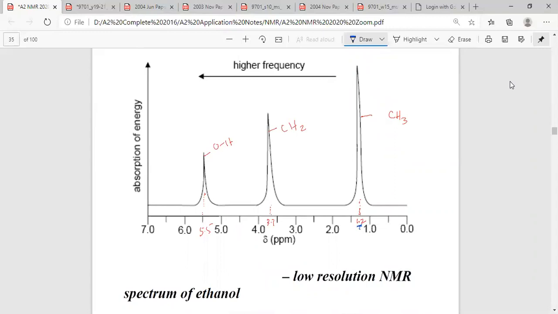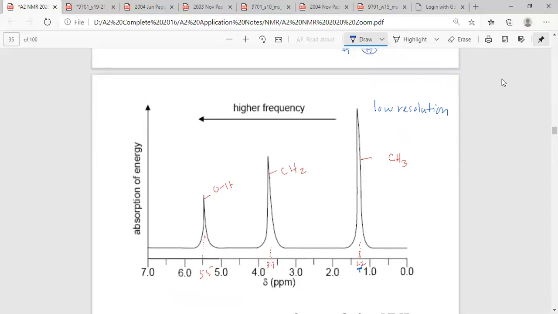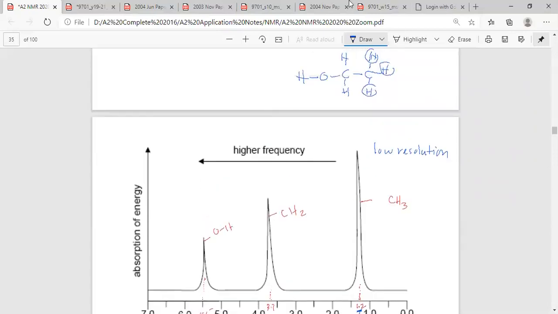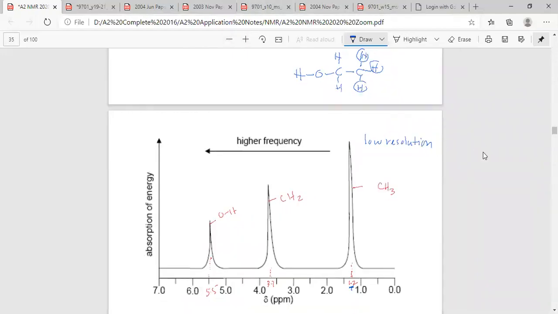Now this is low resolution. That means you don't see all the details, like a low resolution television. The height is highest here. Now this CH2, these hydrogens are on the carbon attached to oxygen.